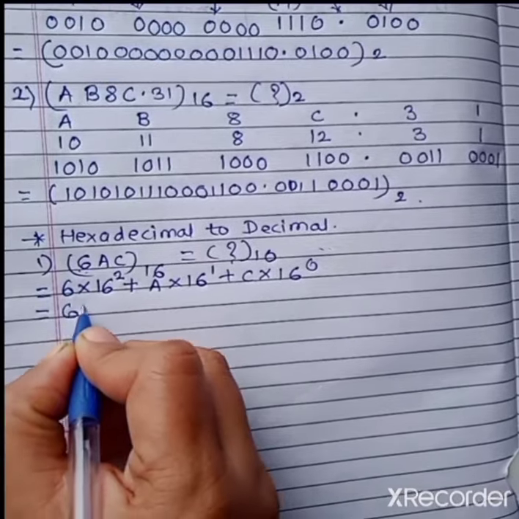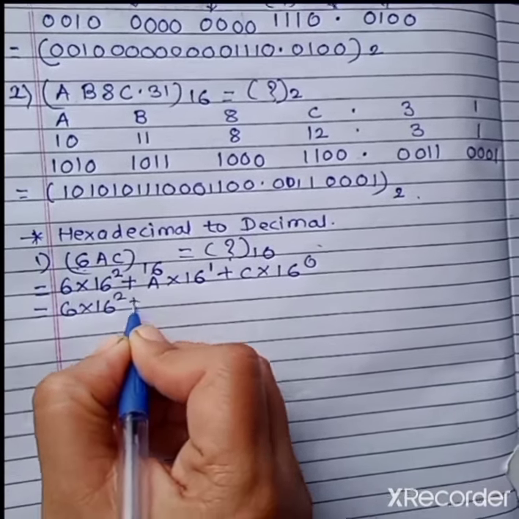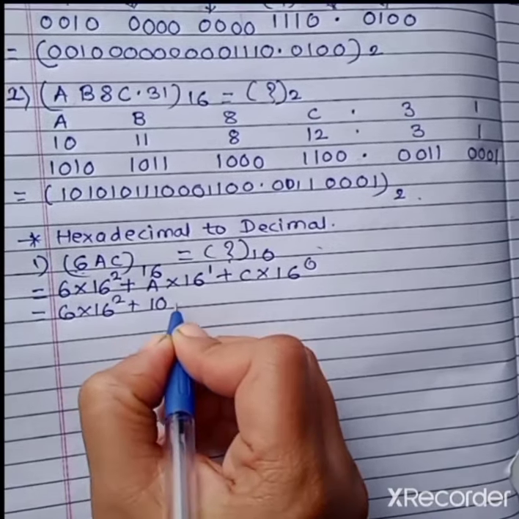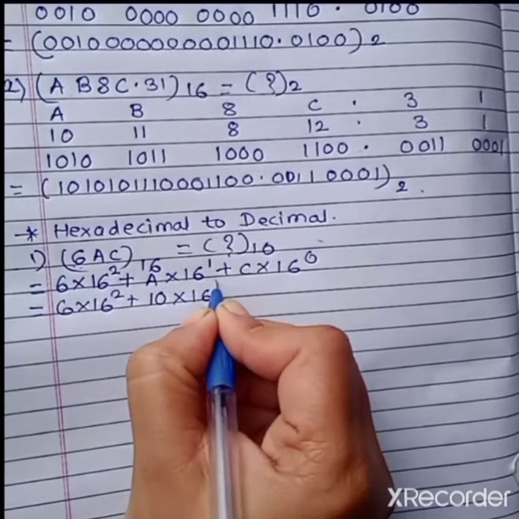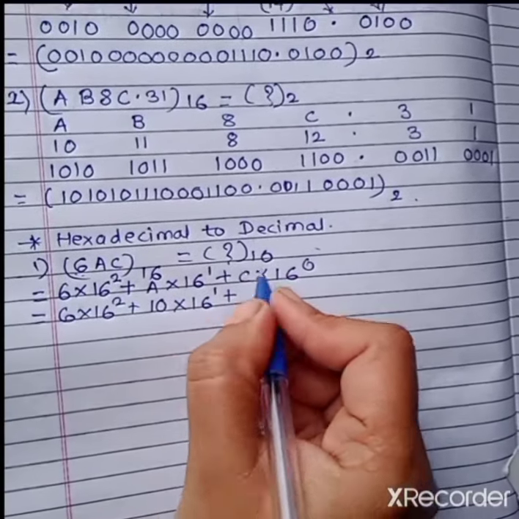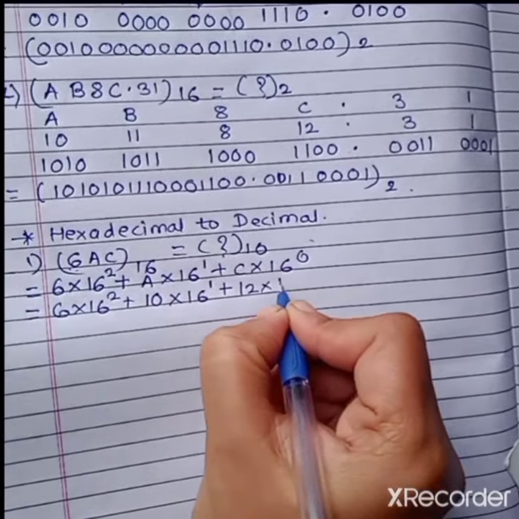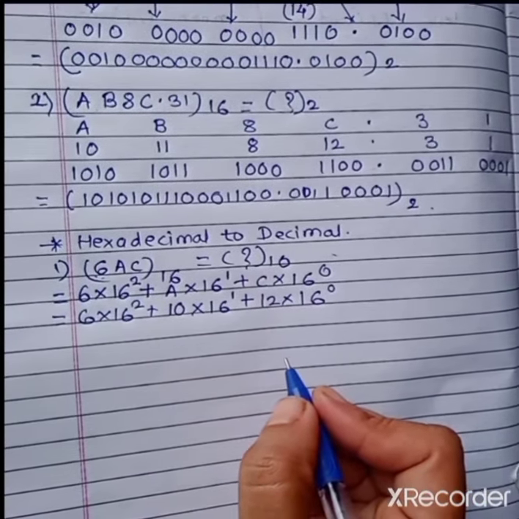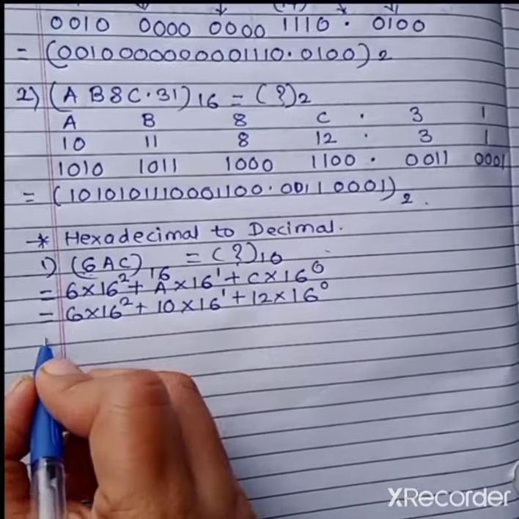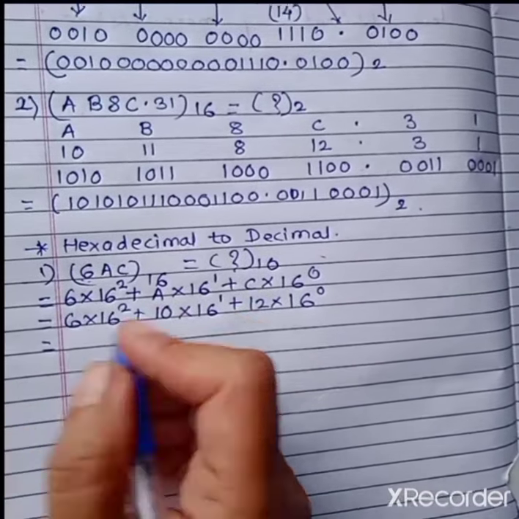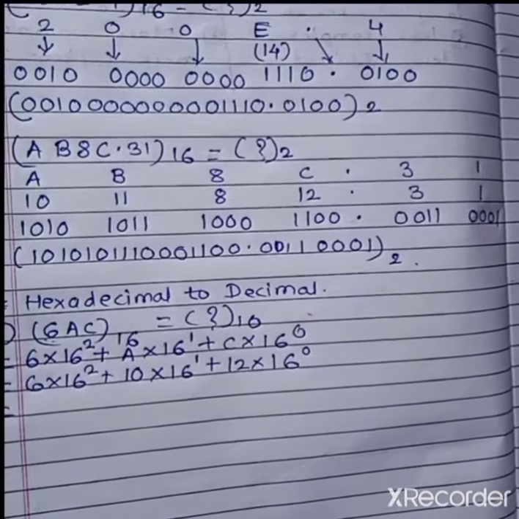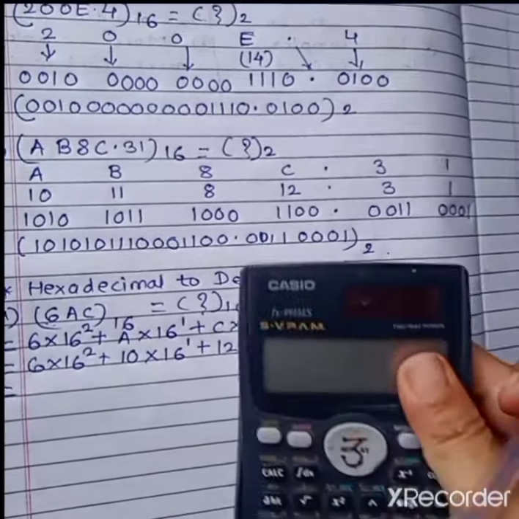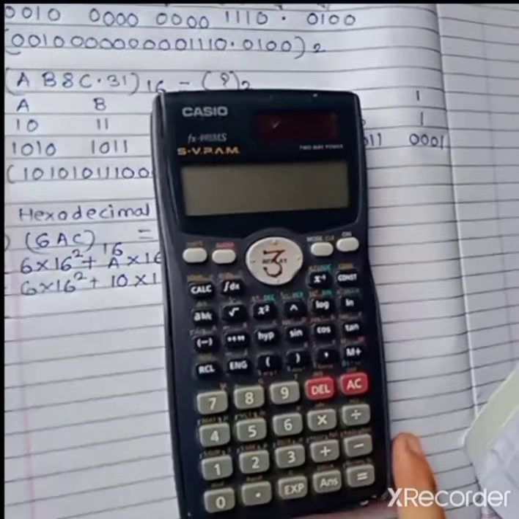Now A means 10, so replace A with 10, then replace C with 12 and now perform the multiplication and addition. Now for calculation you can use this scientific calci.